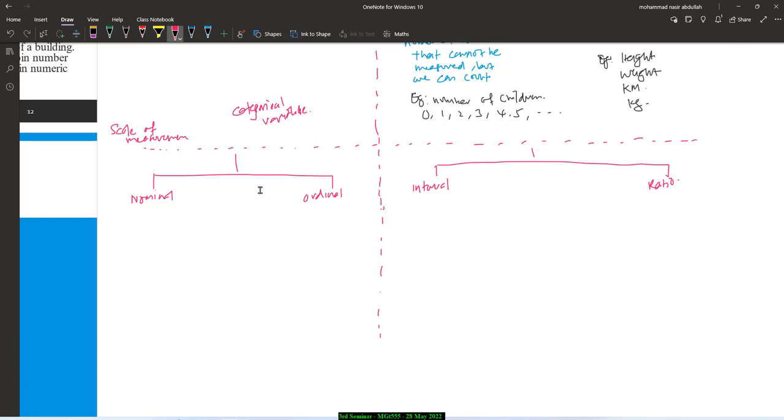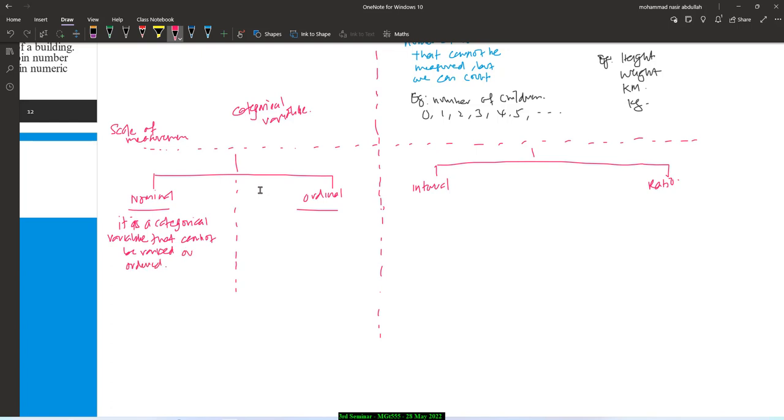So what differentiates nominal and ordinal? Nominal is a categorical variable that cannot be ranked or ordered.